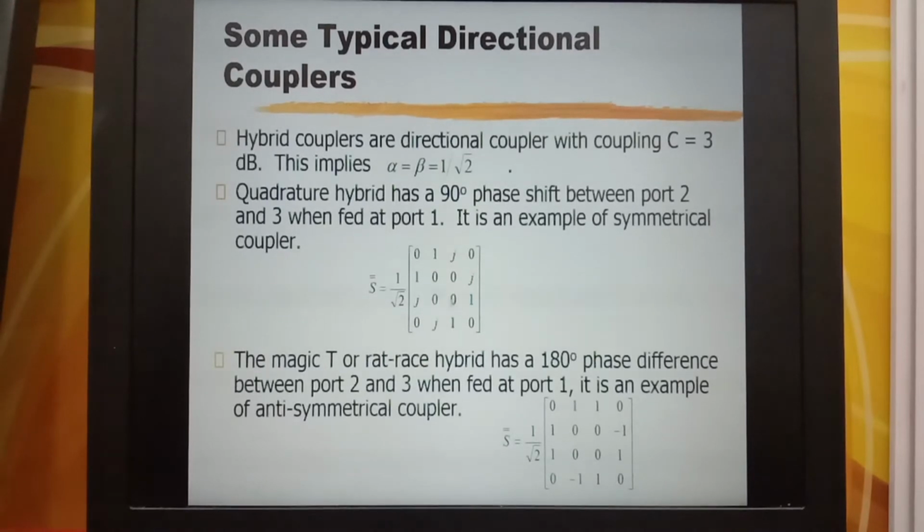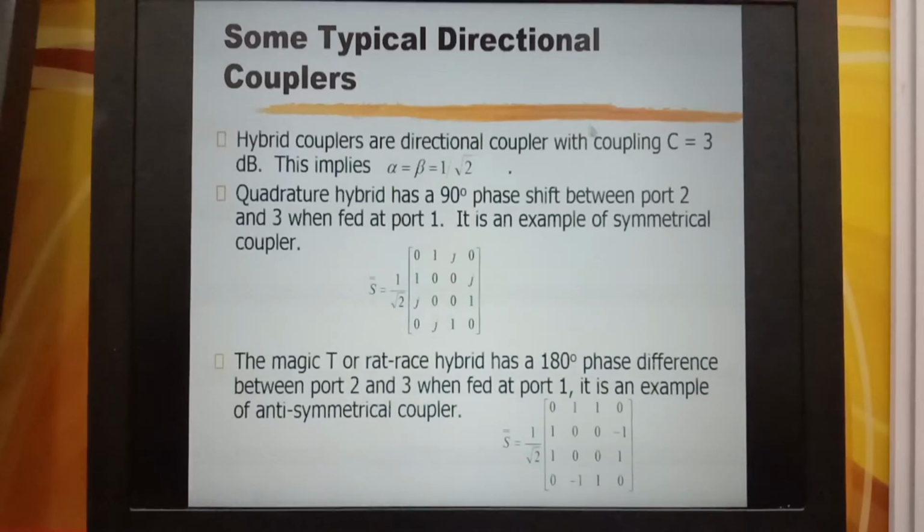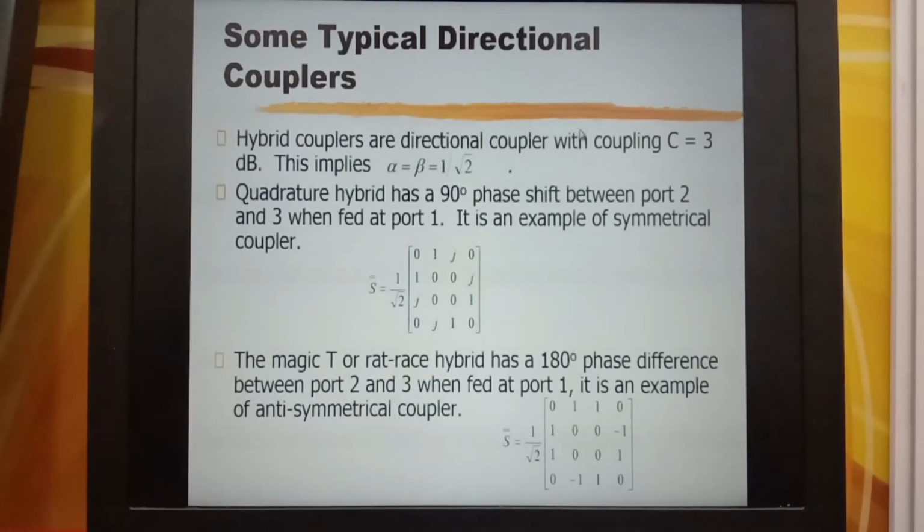Some typical directional couplers include hybrid couplers, which are directional couplers with a coupling factor of 3 dB. In other words, half of the input power will be coupled to port 2 and half of the power will be coupled to port 3 when the signal is fed to port 1.